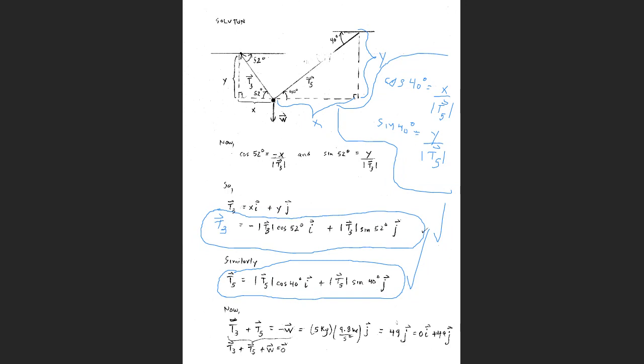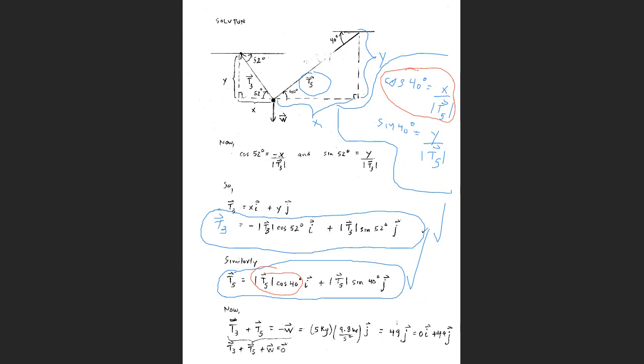The x is already positive. So in other words, I don't have to worry about a negative for this T5 vector, because the T5 vector has positive x and y components. So if I solve for x here, based on this equation, x would equal the cosine of 40 degrees times the magnitude of that T5 vector.